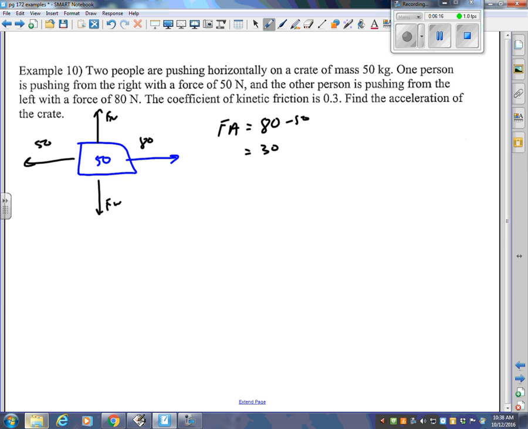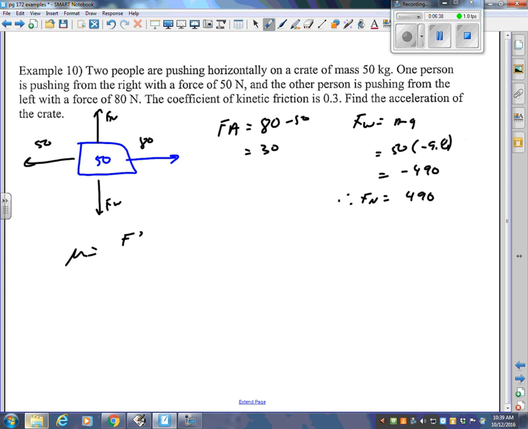Okay, so then let's find the weight force, mass times gravity. 50 times minus 9.8, which is 490, right? Which means, therefore, our Fn is 490.